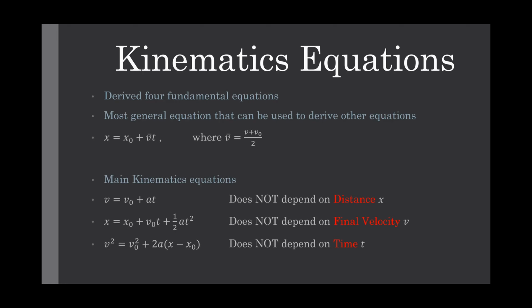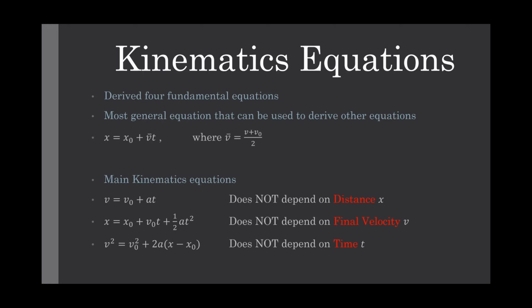Second equation, x equals x naught plus v naught t plus 1/2 at squared. Now this equation does not depend on the final velocity. So if you're solving a problem that does not give you any final velocity, you don't actually have to find the final velocity. One can use this equation directly to find the required quantities.